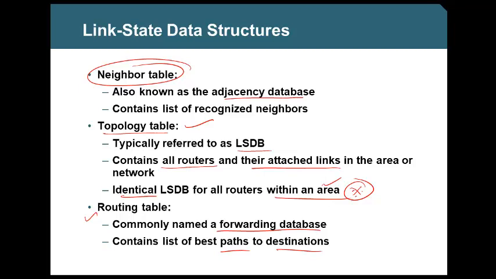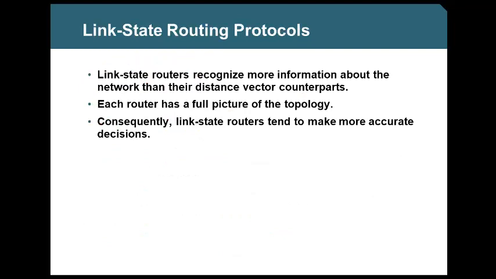Now, what is the advantage of this link state routing protocol? You see, what is the advantage of having a map? You have a map of the city. When you have the complete map, first you will see in that map where you are situated.